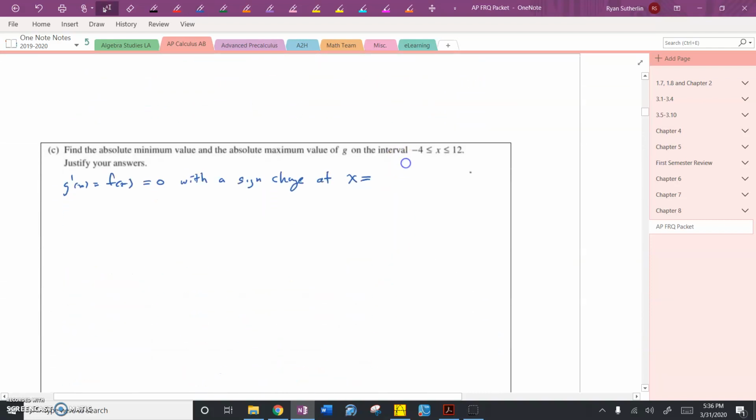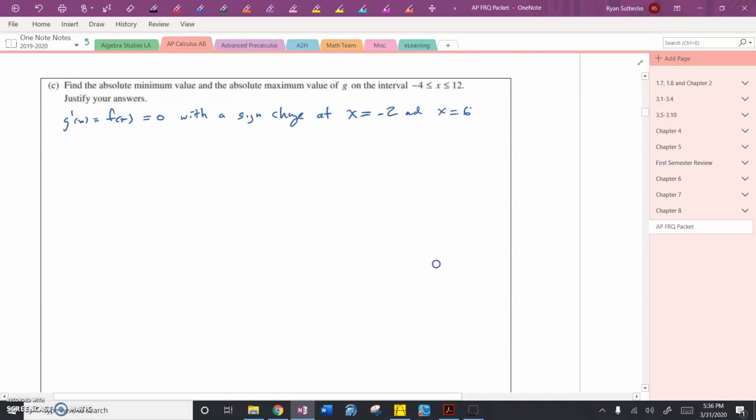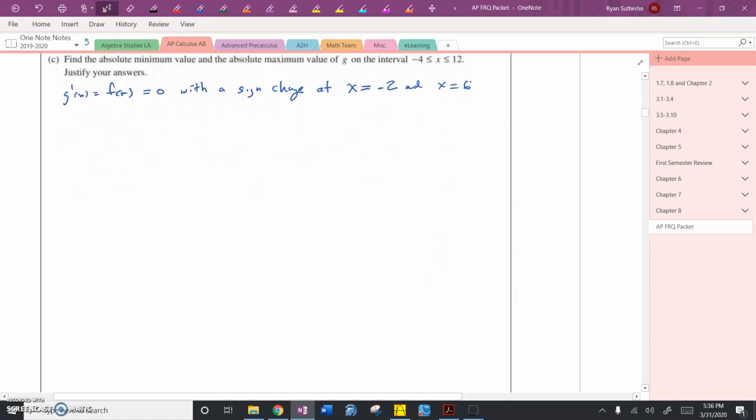So I am going to test those two critical points in addition to the endpoints of -4. So I'm going to start a table and space out the values here. So I have -4, -2, 6, and 12.